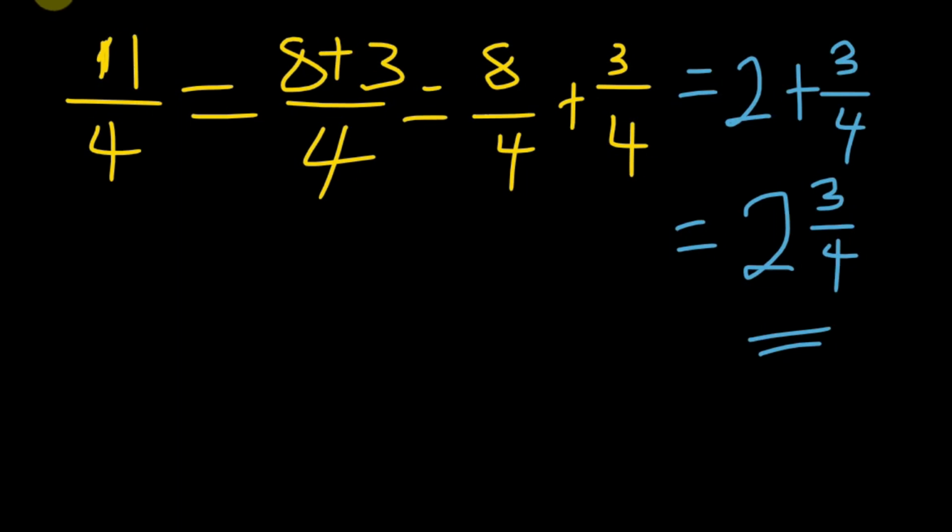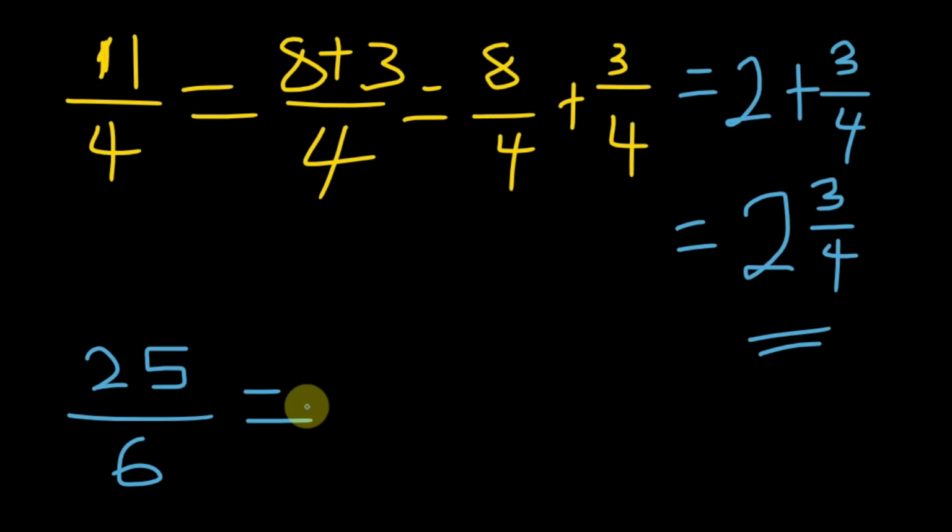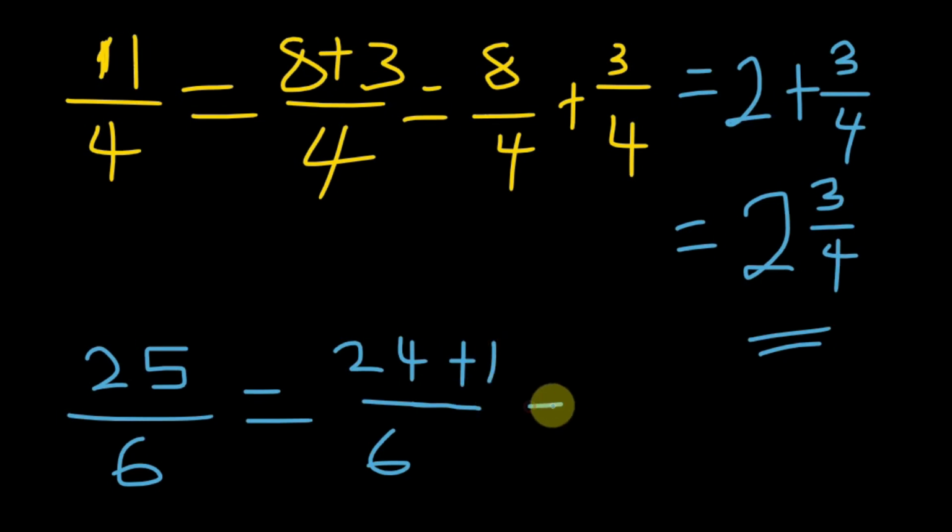Another example here is the case of 25 over 6. So to convert this to a mixed fraction, we split 25 into 24 plus 1, which then gives us 24 over 6 plus 1 over 6.